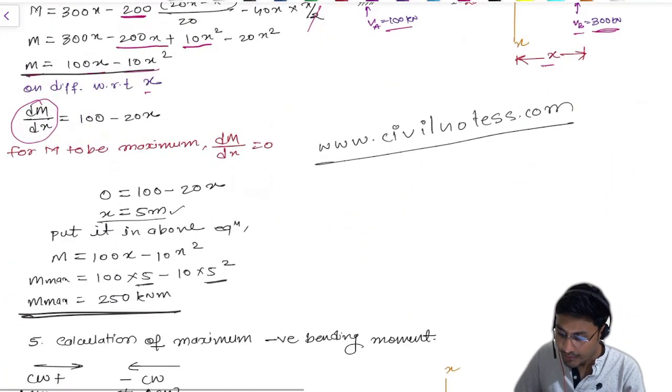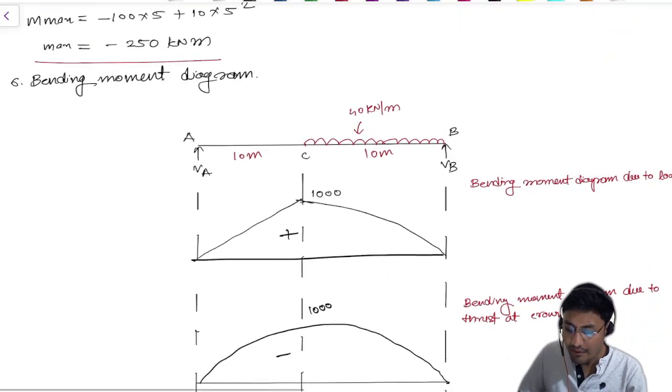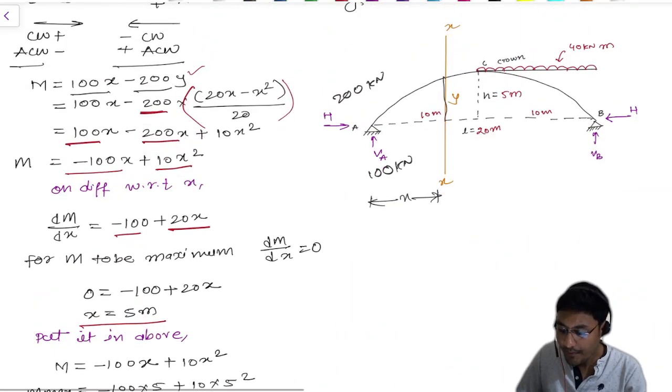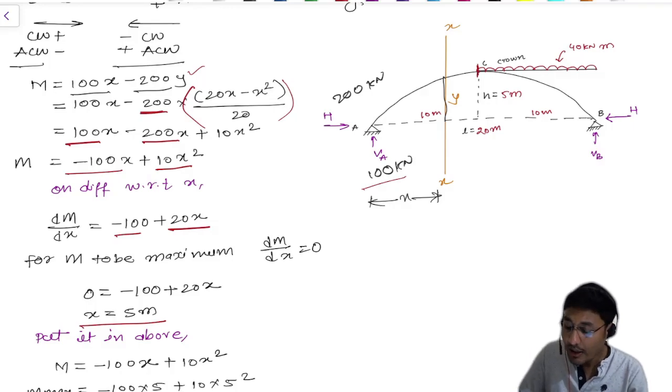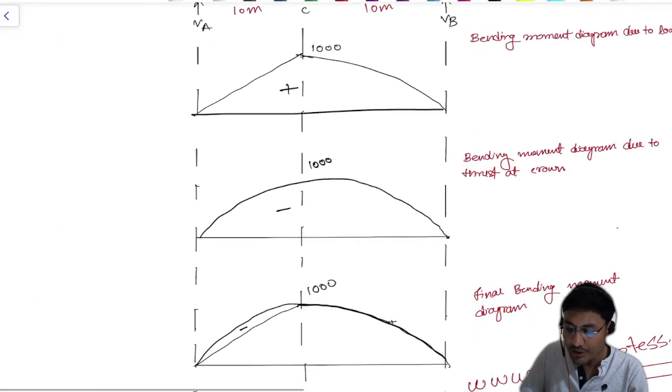It's very simple and easy because we have the value of VA, which is 100 kilonewton. You need to calculate the maximum bending moment at this point. So 100 kilonewton into the distance, which is 10 meter, at the middle of this point, so you will get that value as 1000.